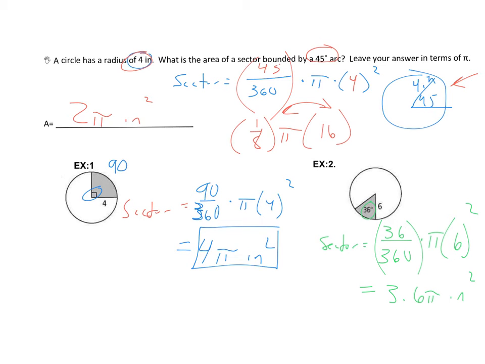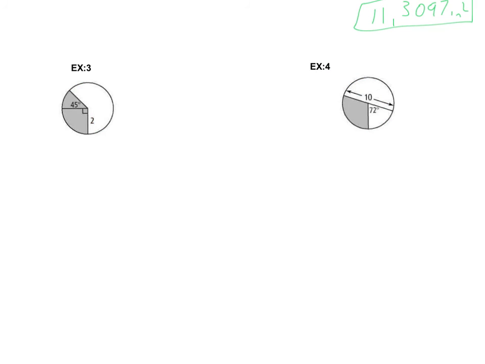If it was an ACT question and they asked for it exactly, you could then do 3.6 times pi to get 11.3097 square inches, right? So this is an approximation, whereas what I've circled in red here is exact.